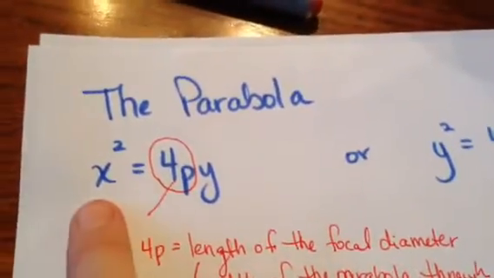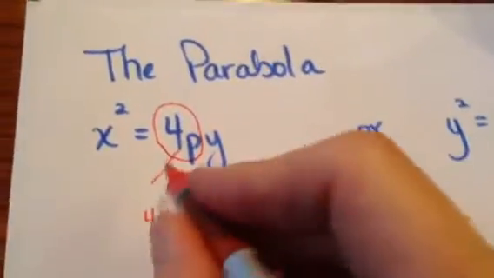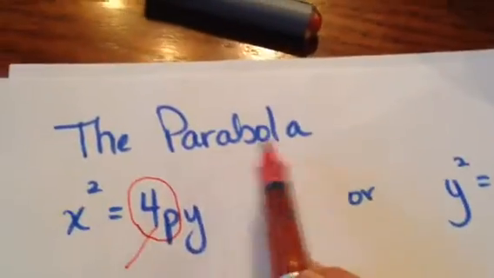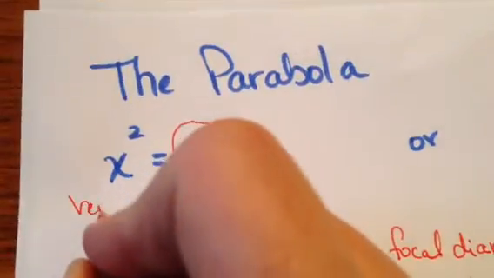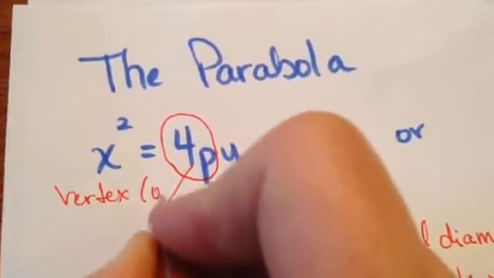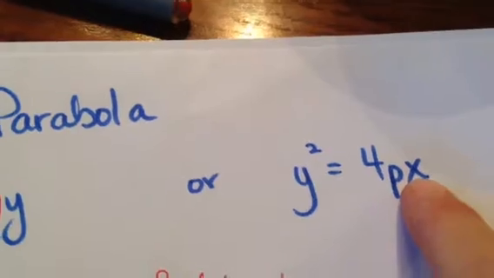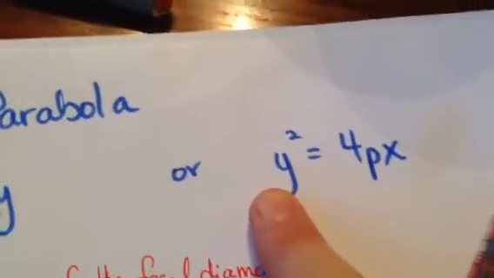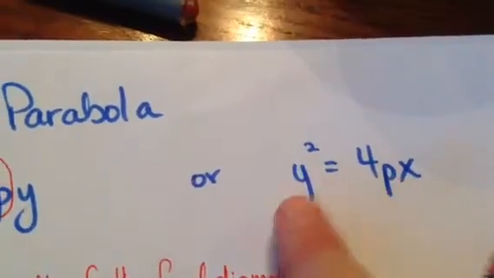And by the way, this vertex happens to be 0, 0. Okay, so this is the standard equation of a parabola that opens up, and let me just say here, in this example, your vertex is the point 0, 0. Same thing here. So everything else applies. My vertex is still 0, 0. Just like we found the center of the ellipse and the hyperbola, we're going to find it the same way.